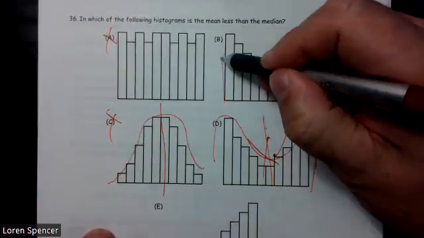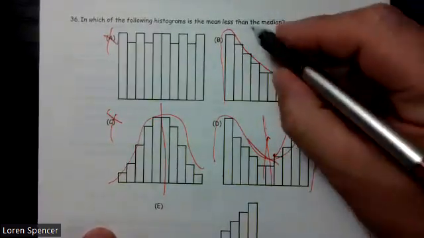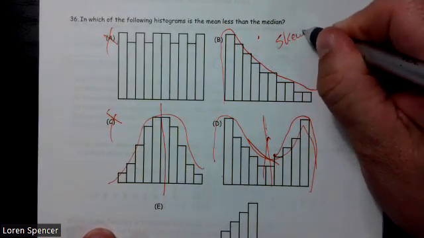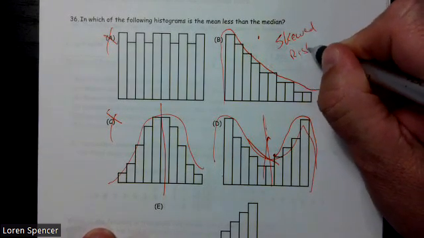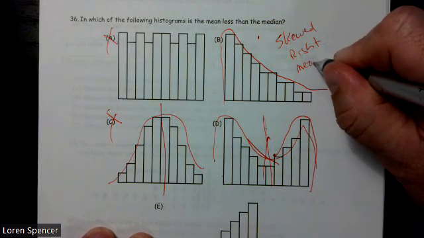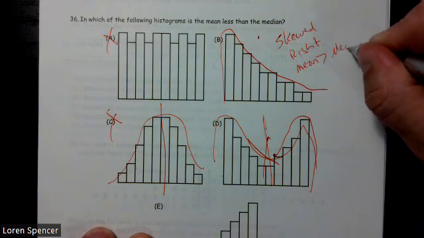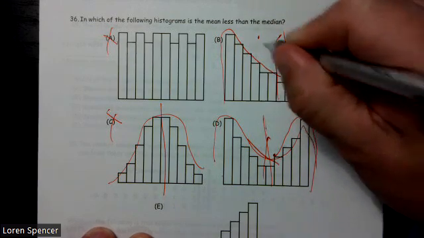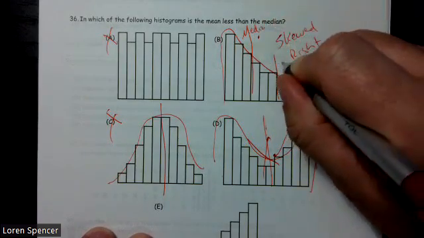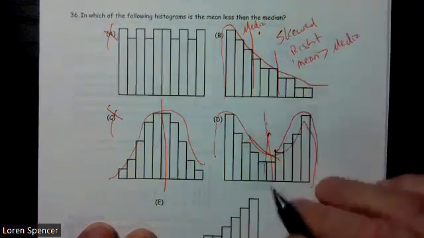Now this one is skewed right, which means my mean will be greater than my median, because if this is my median right here, my mean is going to be somewhere up above it.